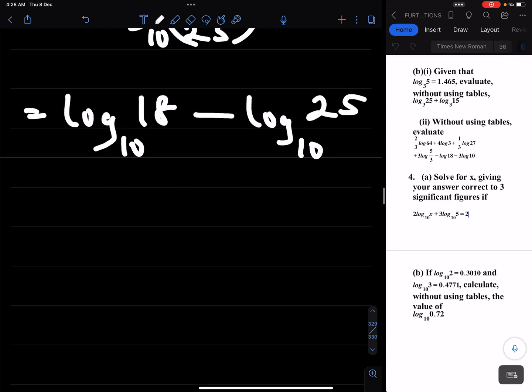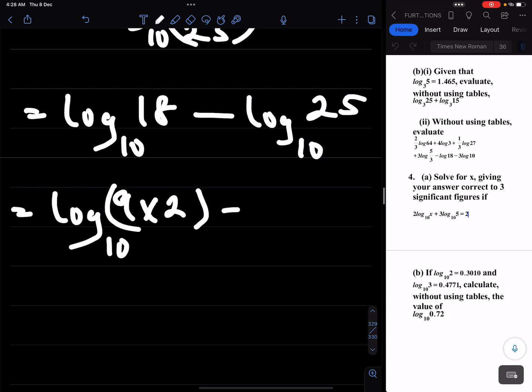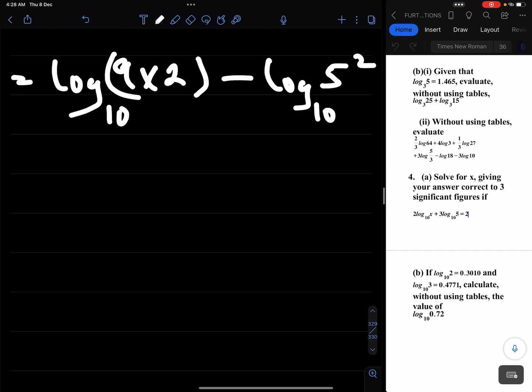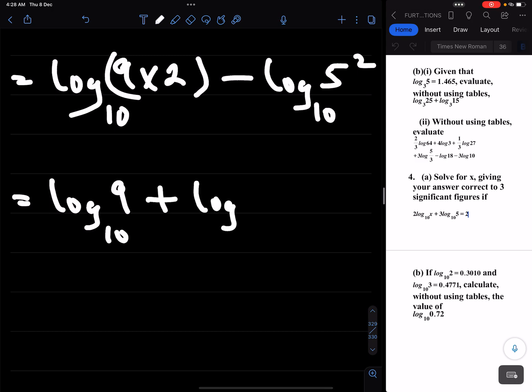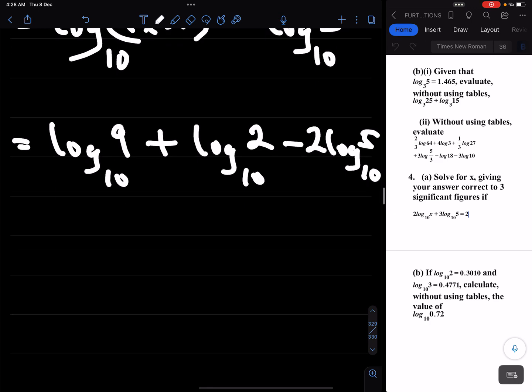Now this simply means log 18 is the same as 9 times 2. So I'm going to say log 9 times 2 base 10 minus log 5 raised to the power 2 base 10, which simply means log 9 base 10 plus log 2 base 10 minus 2 log 5 base 10.